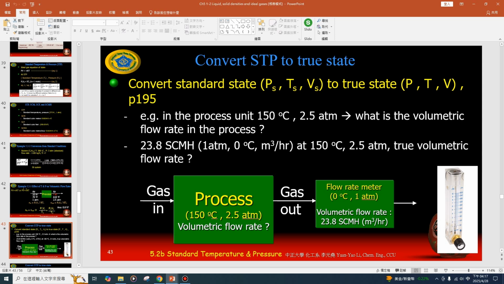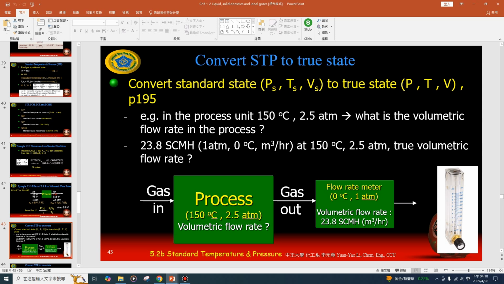So we need to deliver this gas or liquid to another place, which we define as a standard condition, 0 Kelvin and 1 atm. At that moment, we can use conventional meters, for example a rotameter or pressure gauge, to measure the pressure and temperature.